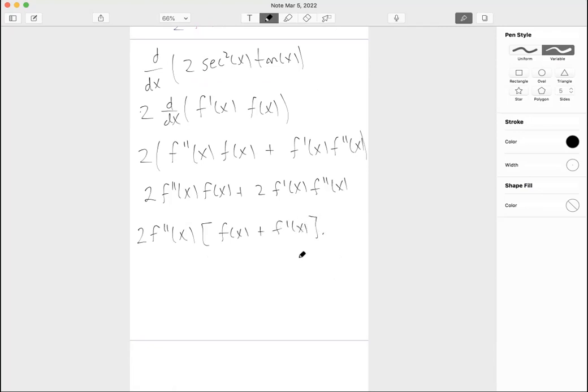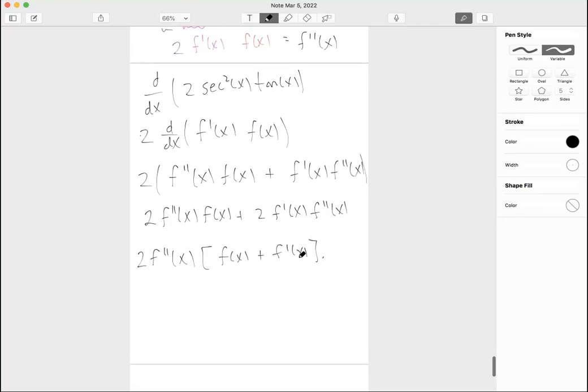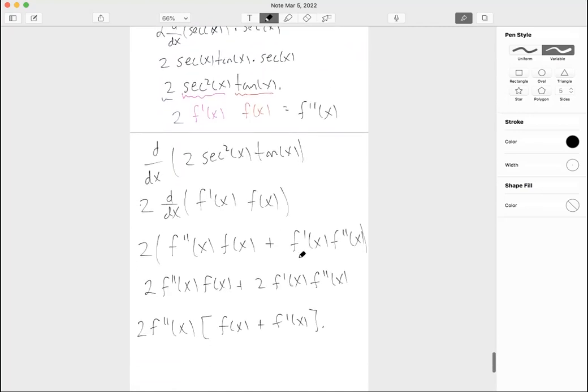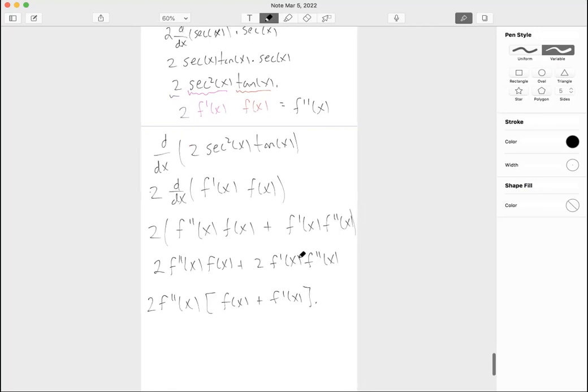So yeah, that's it. We can plug in for what we have, right? This would be, was it 4 secant squared tangent, and then what's f is tangent plus secant squared. So tangent is not as nice as sine and cosine, right? We don't really come back to our starting point.